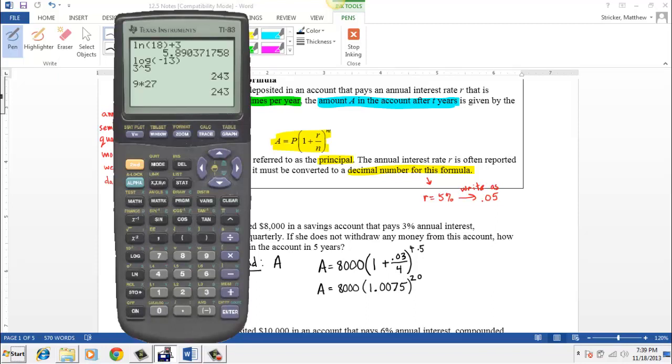If you have a graphing calculator, it's really easy to put it all in at once. We just take the 8,000, parentheses, 1.0075 raised to the 20th power. And since we're talking about money here, we probably want to round to 2 decimal places so we can take care of pennies. So it would be $9,289.47.